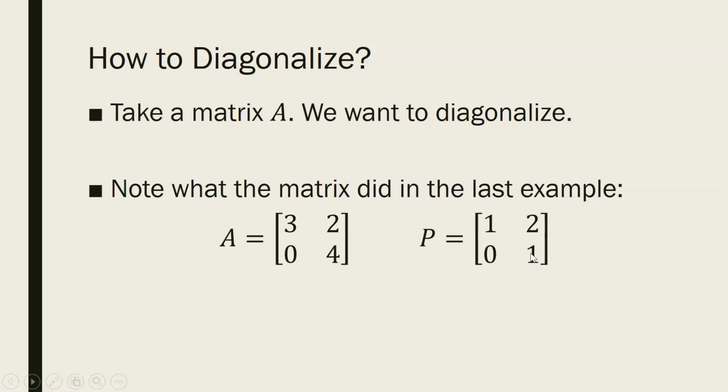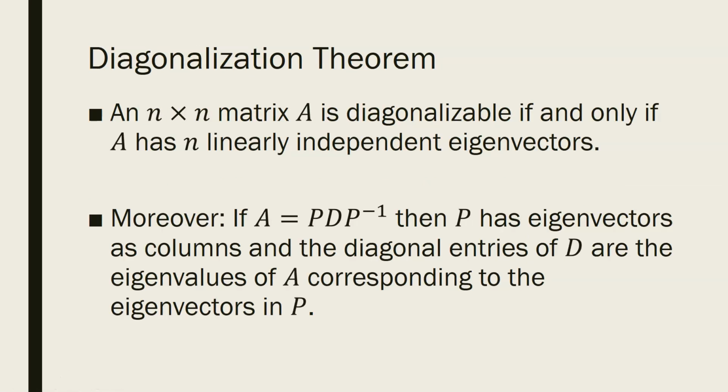And the second column had the eigenvalue of 4. So 4 occurred in the second column, in the 2, 2 spot specifically. So in other words, order matters. So whichever order you place the eigenvectors in, that'll correspond to the order that the eigenvalues show up in our diagonal matrix. Okay, so we have the diagonalization theorem.